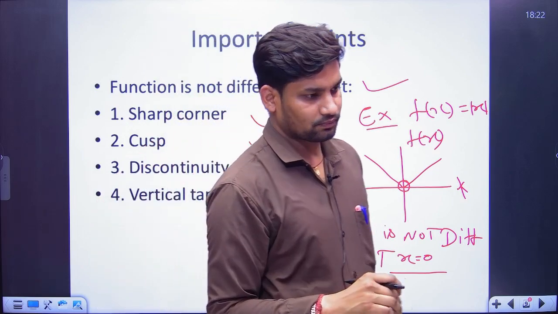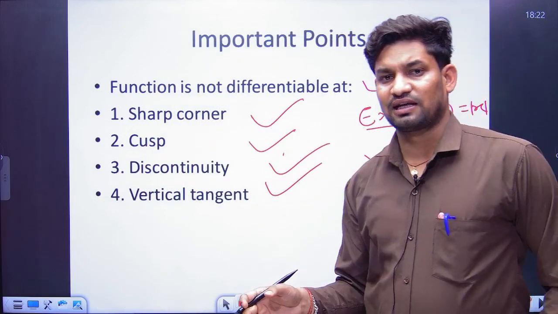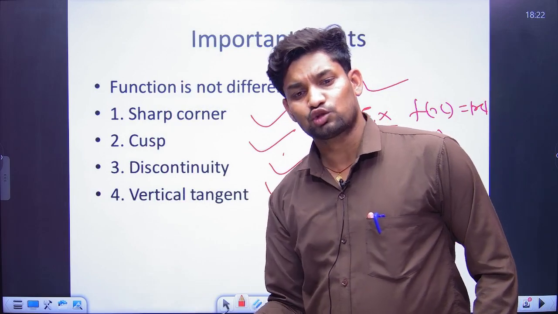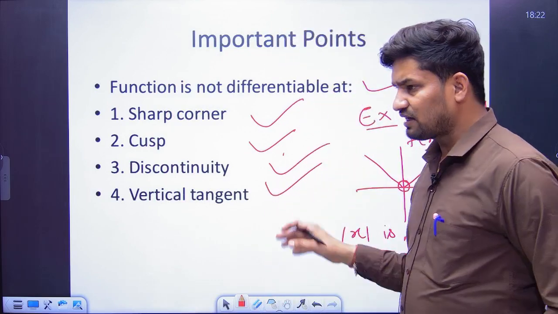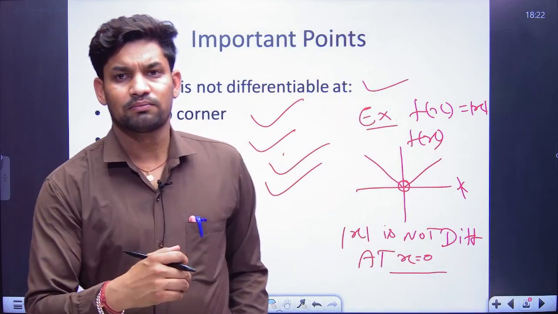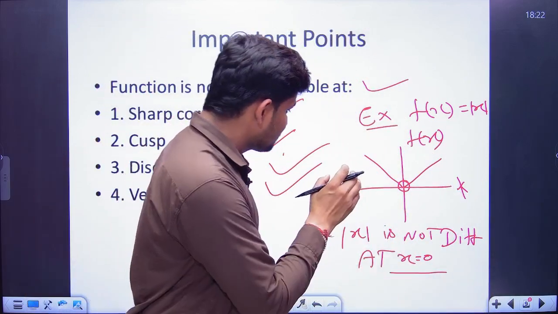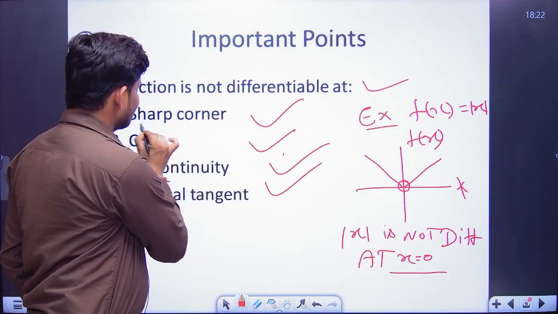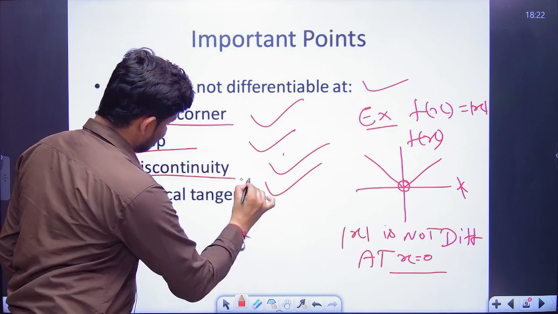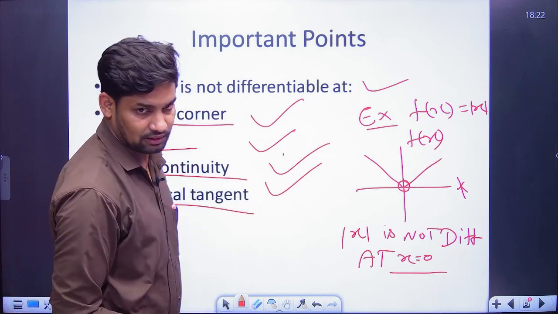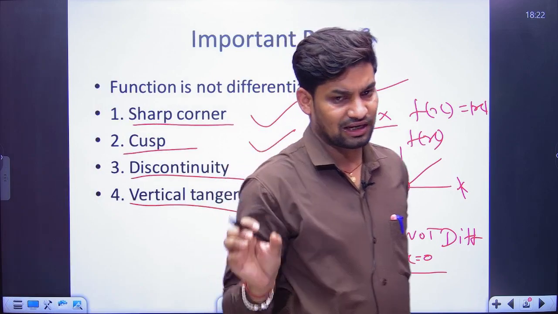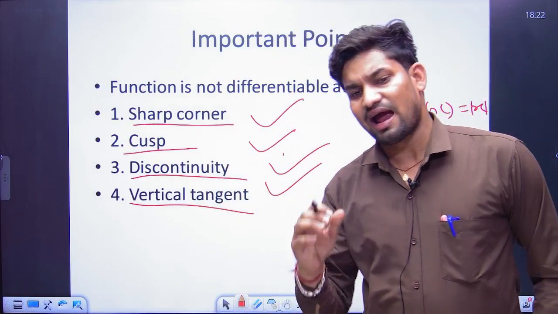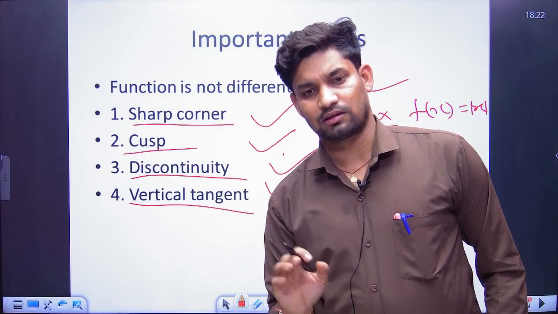Secondly, we check differentiability geometrically. We draw the graph and check that the graph does not have a sharp corner, curves, discontinuity or vertical tangent. Otherwise, the function is not differentiable at that point.